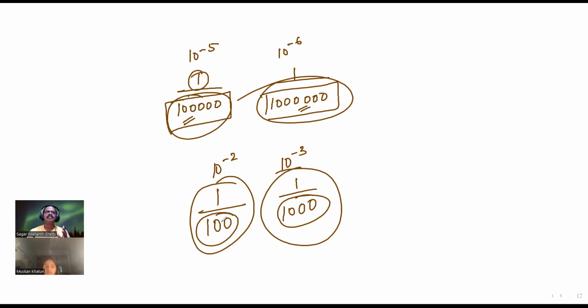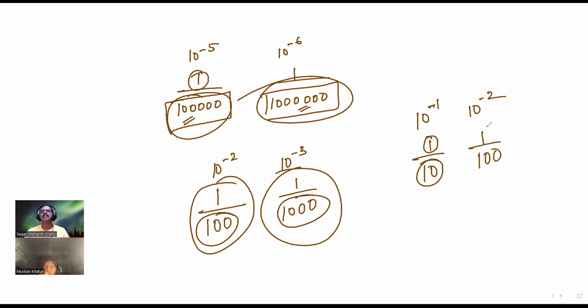Okay. Got that? I'll put it in a much simpler way. Let's bring it down to 10 to the power of -1. This is 1 upon 10 and this is 1 upon 100. One apple being cut into 10 pieces and here one apple cut into 100 pieces. Where would you get a bigger share of an apple? -1, because here the size of the apples is the same. Yes.